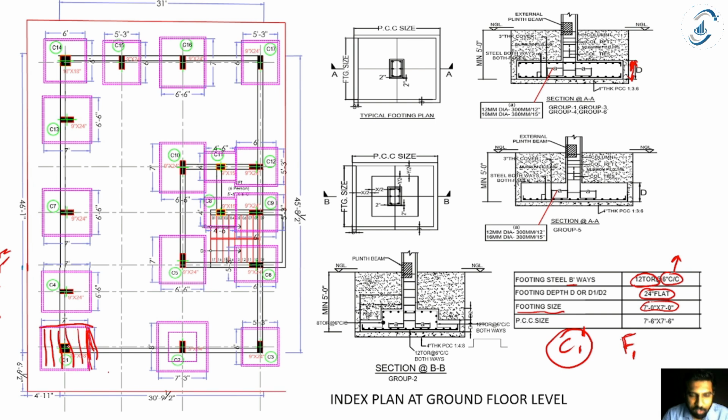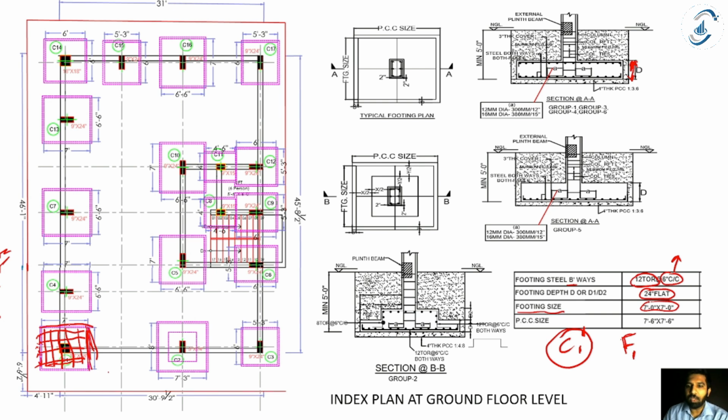The distance between these rebars is center to center. Similarly, along the other side, the rebars I'm going to place are 12 mm dia, 12 mm dia, 12 mm dia, 12 mm dia, with the same center to center distance. So the dia of the bars is 12 mm and the distance between the bars is 6-inch center to center.